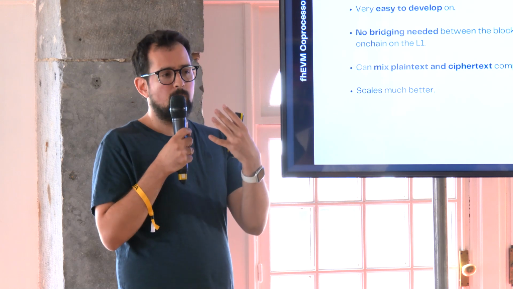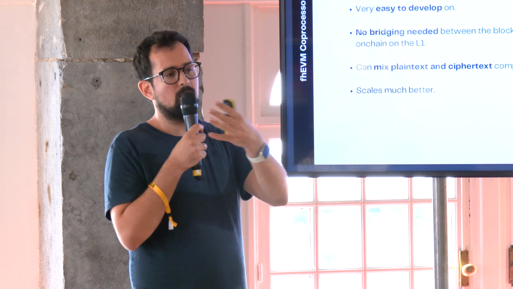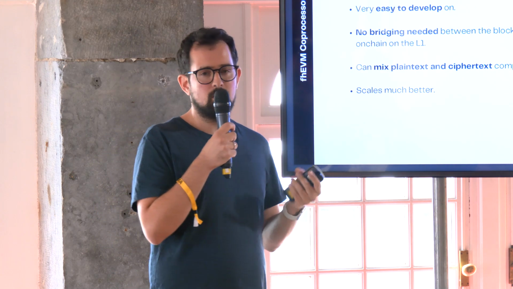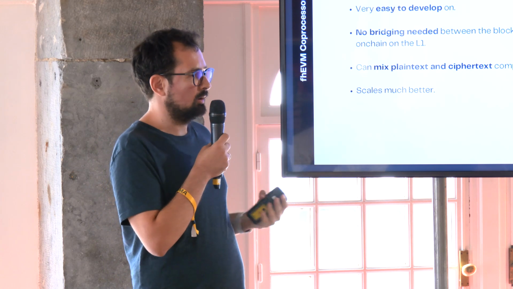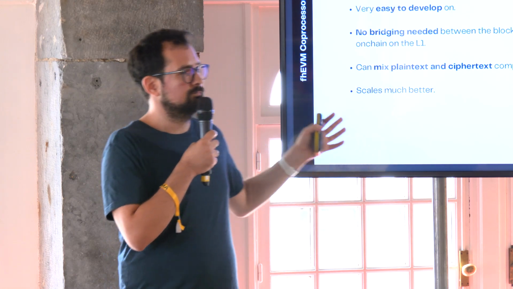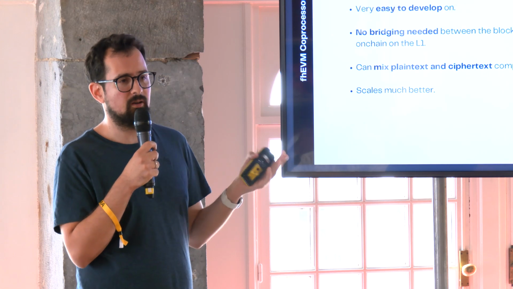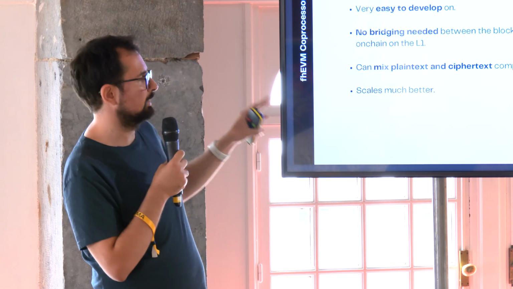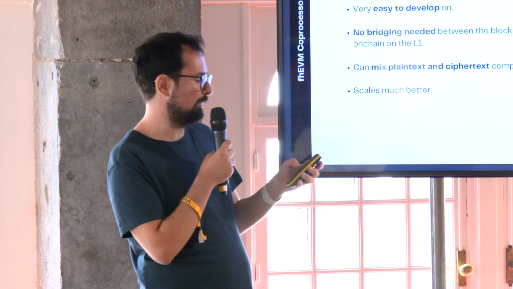You can even have an encrypted smart contract and compose it with existing ERC20 tokens, USDT or whatever it is, and it will work automatically. And it also allows us to run FHE computation faster. I'll explain a bit how, by running the FHE execution itself in parallel.